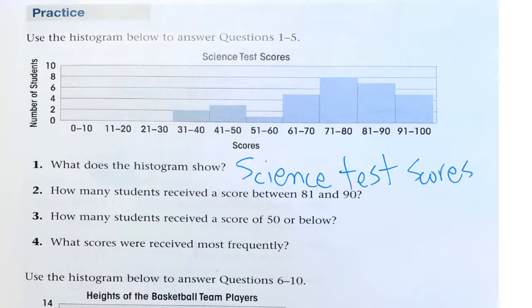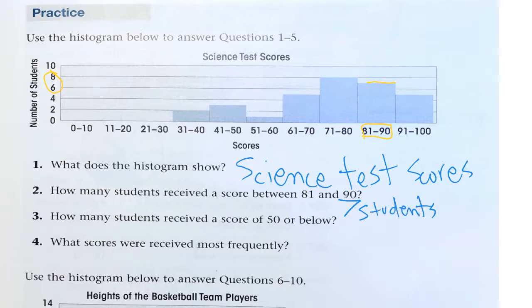How many students received a score between 81 and 90? So we find 81 to 90, and then we look at the bar. It is right in between the 8 and the 6. So what number is in between 8 and 6? 7, and we're talking about students.